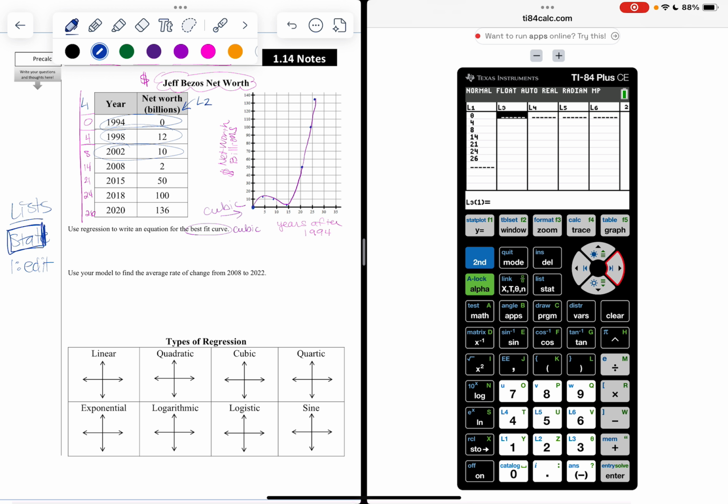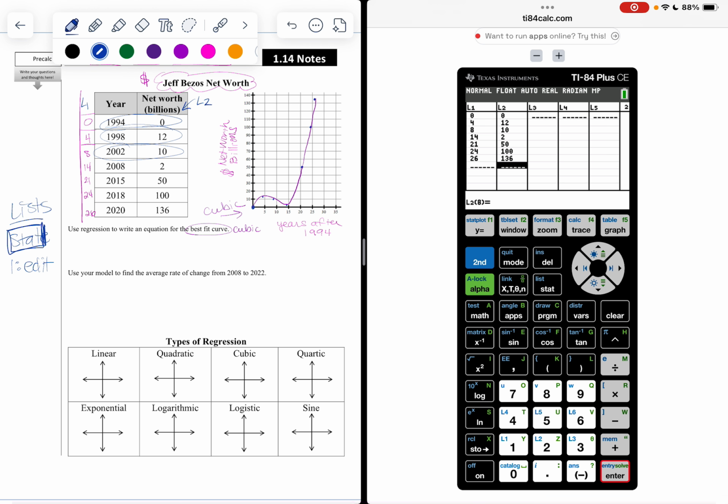Okay, there we go. Now here's my list 2. And then we have 0, 12, 10, 250, 100, and now we have that 136 ready to go. Your lists should look like mine, list 1 and list 2.